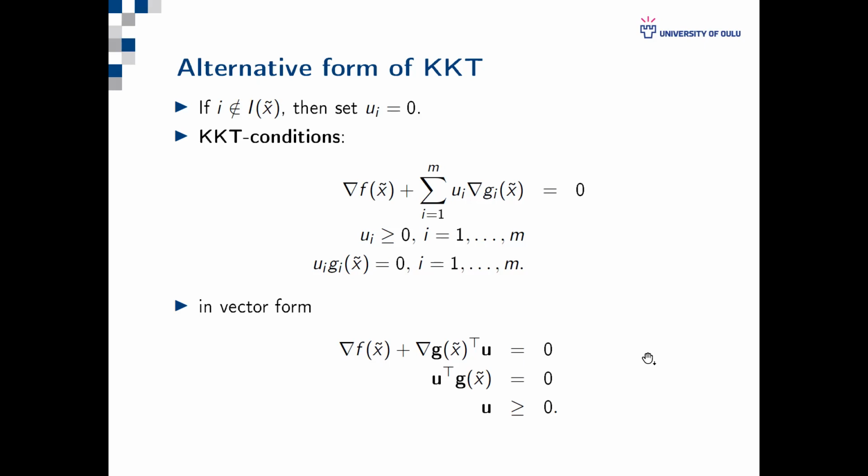Remember that this is a necessary condition. So if a point satisfies these conditions, it is not guaranteed that it is a minimum point. So we must require something more so that it is a sufficient condition as well.